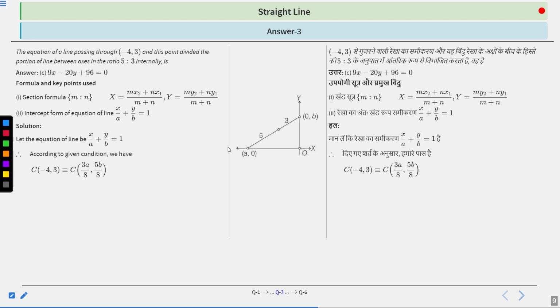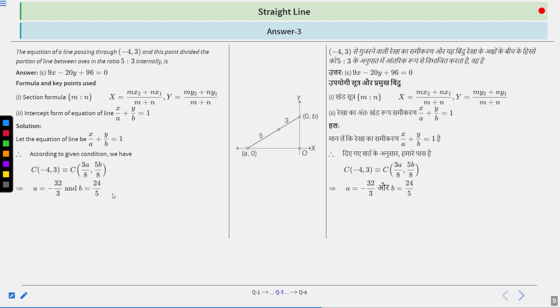Now the point C (-4, 3) divides this line segment in the ratio 5:3 internally. Therefore, by using the section formula with (0, b), (a, 0) and the ratio 5:3, C will be (3a by 8, 5b by 8). Also the coordinate of C is given as (-4, 3).